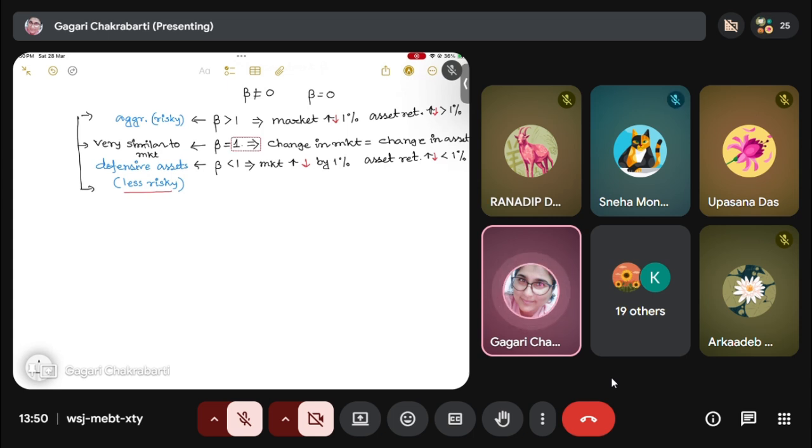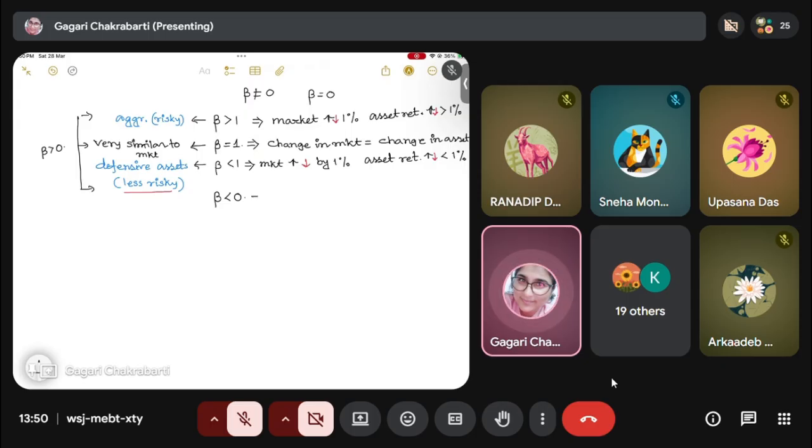So when you are looking for different assets to construct your portfolio, then you will look for assets whose beta is less than 1. In fact, যদি তুমি এরকম অ্যাসেট পাও না যেখানে বিটা ইজ লেস দ্যান 0, মানে এই তিনটে কেসেই কিন্তু বিটা গ্রেটার দ্যান 0.